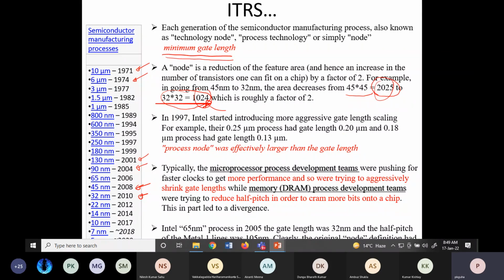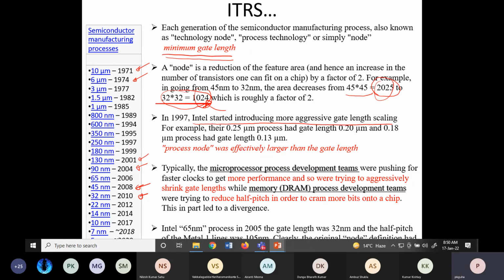But a very important point I would like to mention: although we have been following Moore's law over the years, what happened is in 1997 Intel started introducing more aggressive gate length. So they thought that they can reduce the gate length even further.